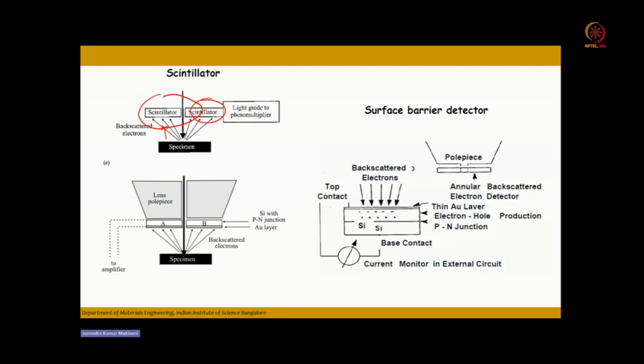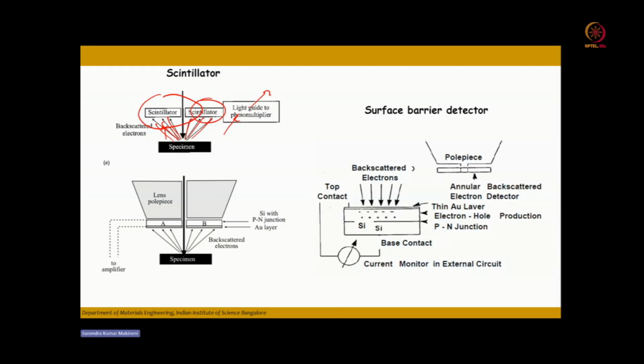It is similar to the ET detector, but it is kept above the specimen so that the maximum number of backscattered electrons can be collected or detected. So this Robinson detector has a very high efficiency.